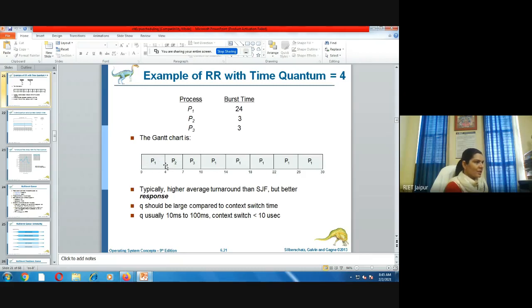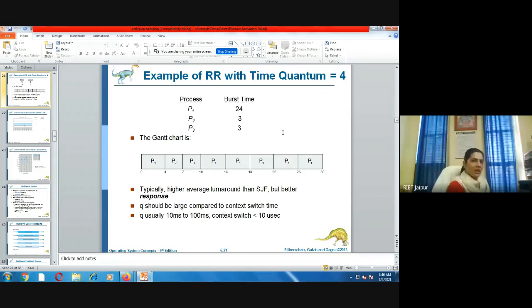At time instant 4, though P2 and P3 are both there, we followed FCFS, first come first serve, so P2 is allocated. The execution time of P2 is 3 units, though the time quantum is 4, so 4 plus 3 is 7, and at time 7 we allocate the processor to process P3.